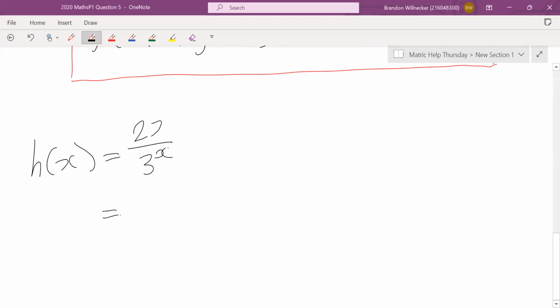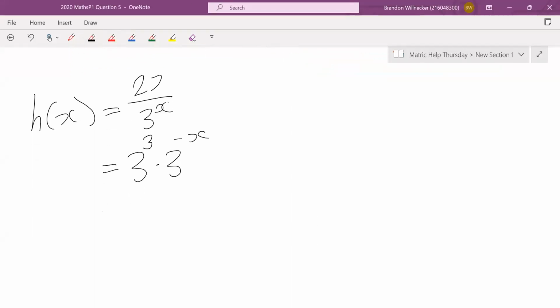In this case, 27 we can write as 3 cubed, and 3 to the x in the denominator we can replace with 3 to the minus x. That's starting to look like f. We just need to merge these two together, and we get 3 to the minus x plus 3.